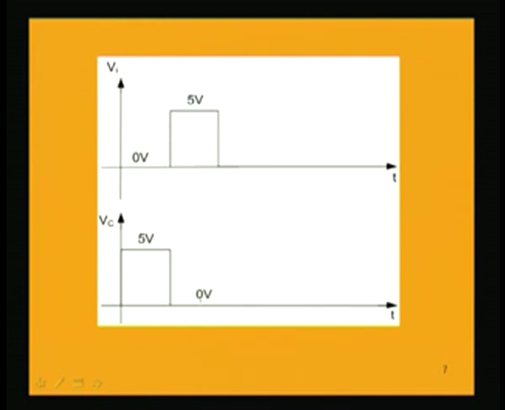This is the symbol of an inverter. If it is 0 at the input, output will be 1, if it is 1 at the input, output will be 0. This is a digital device, and in digital circuits, the voltage is between two levels, typically between 0 and 5 volt.